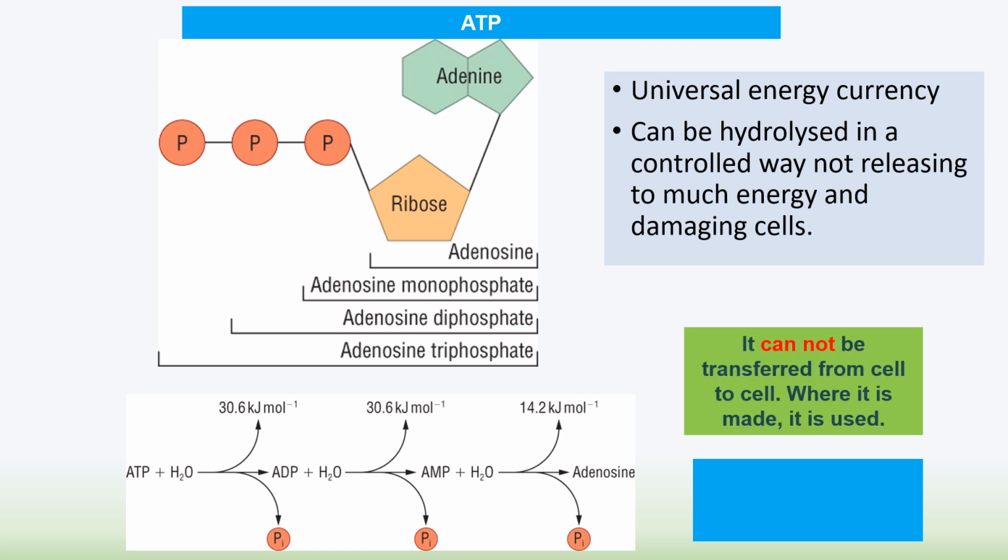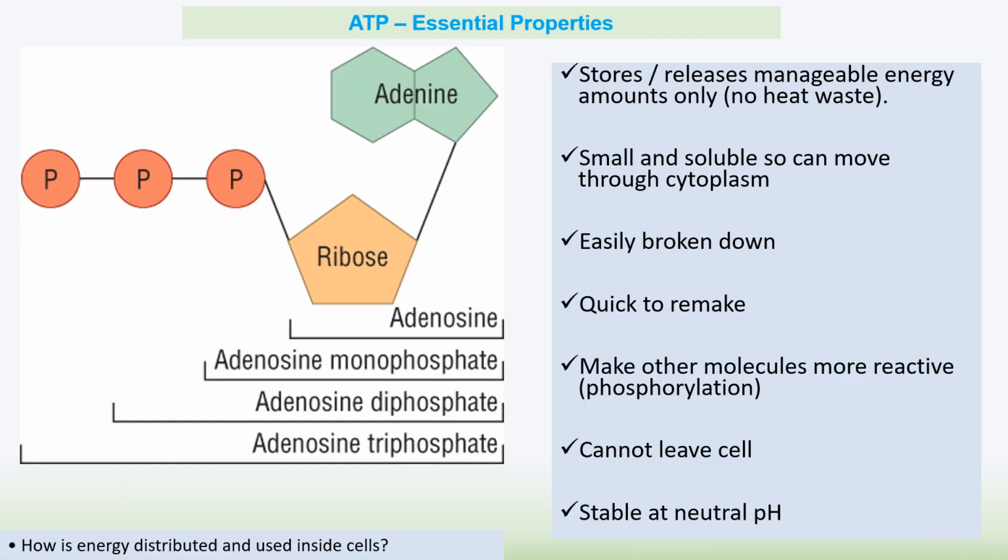It cannot be transferred from cell to cell, so whichever cell it's made in is where it needs to be used, and the breakdown of ATP is catalyzed using ATP hydrolase, which should make sense because it's a hydrolysis reaction.